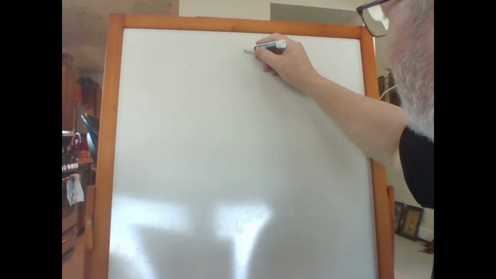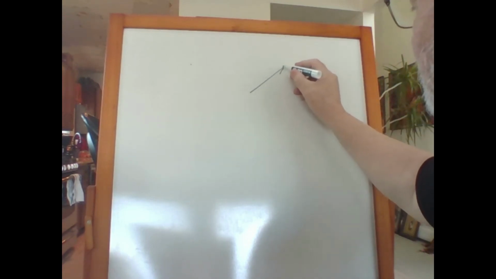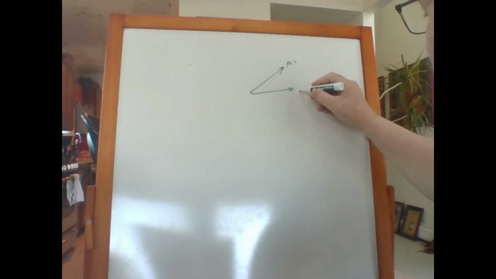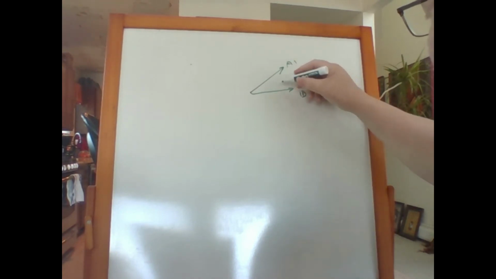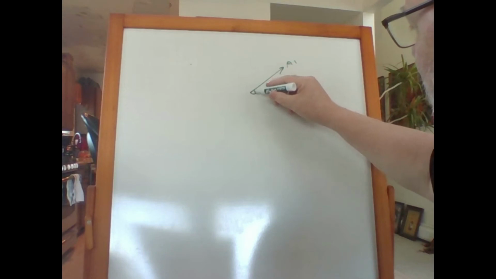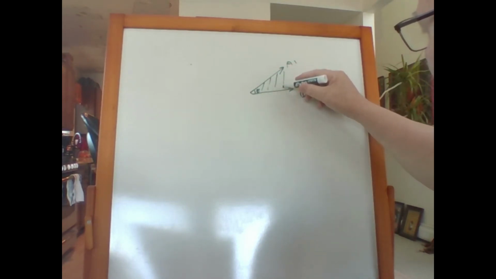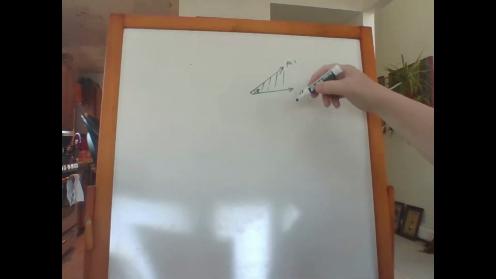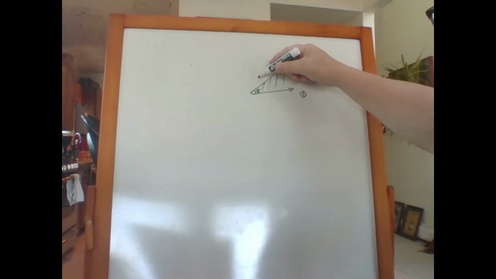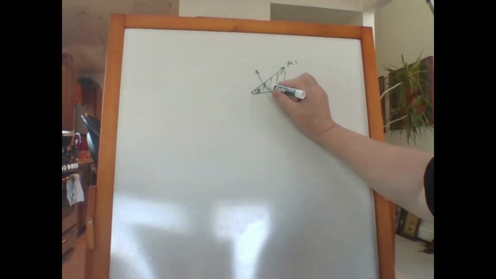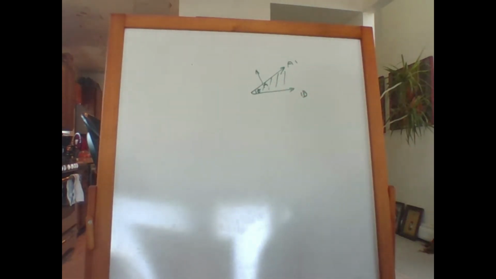Okay, and again, we have vectors A and B, and between them we got an angle, and they form a plane. Okay, and if we do a cross product, we will find a vector that's normal to that plane, that is perpendicular to that plane.